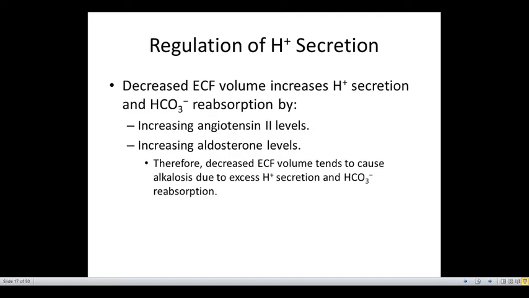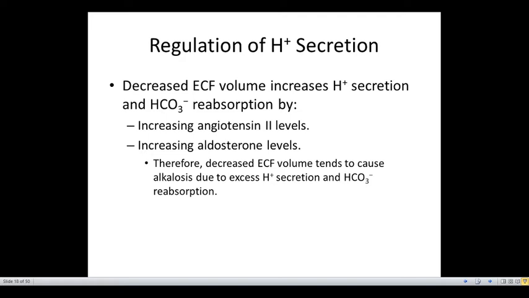Decreased extracellular fluid volume increases hydrogen ion secretion and bicarbonate reabsorption by number 1, increasing angiotensin 2 levels, and number 2, increasing aldosterone levels.